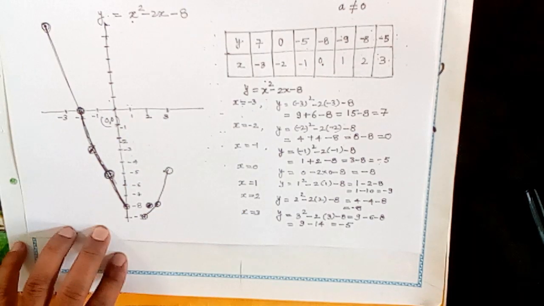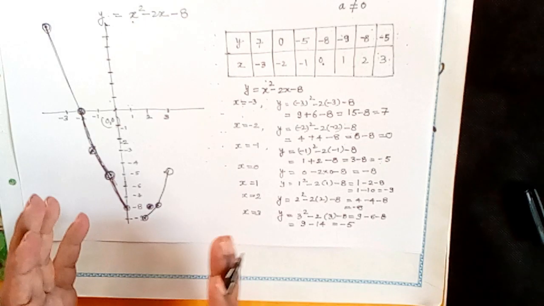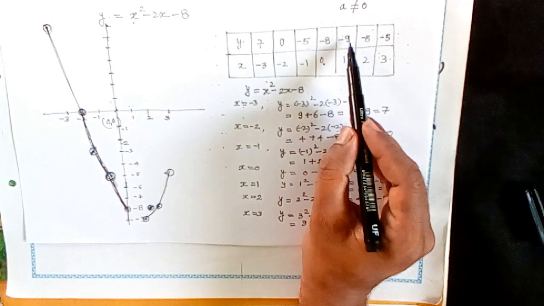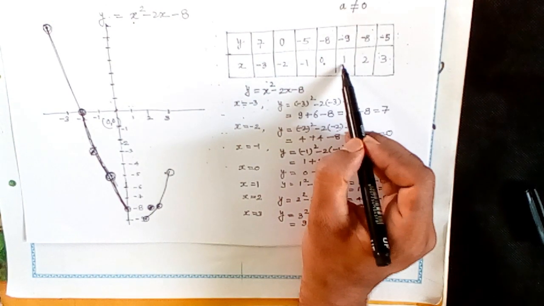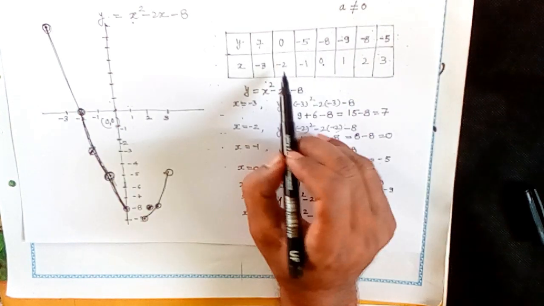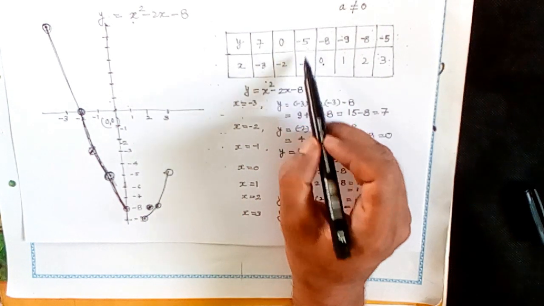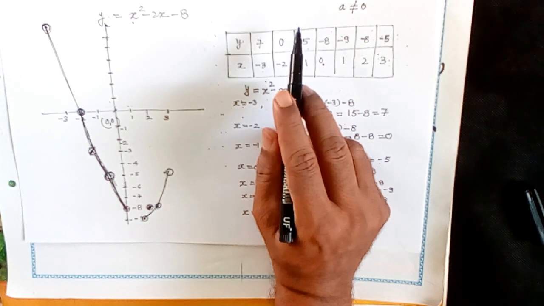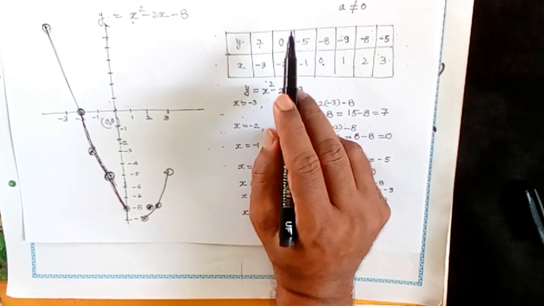From this observation, on some positive values we are having negative values. Here on negative values we are having some positive value, 0, and here it is this. So it is a parabolic one, which is cutting the x-axis at 2 points.